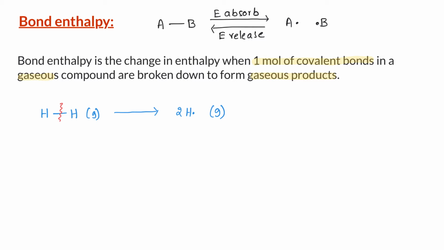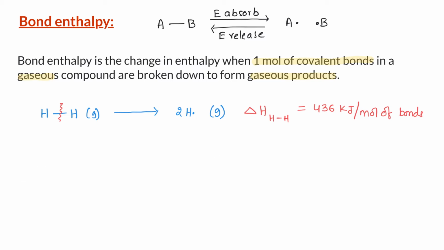For example, the average bond dissociation energy of the H-H single bond is 436 kilojoules per mole of bonds. The bond enthalpy is also referred to as bond dissociation enthalpy, average bond energy, or bond strength. Basically, it tells us how strong the bond is or how much energy is stored in that bond.